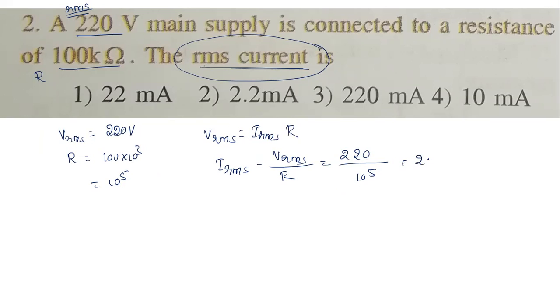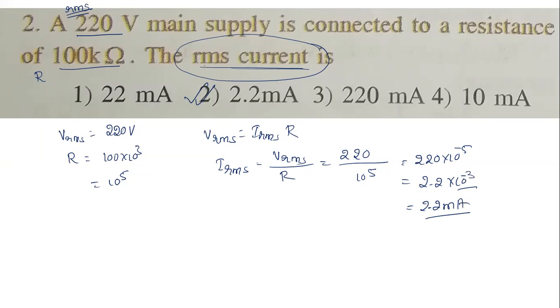It will become 220 into 10 power minus 5. Shifting the point, it will become 2.2 into 10 power minus 3, with the negative sign, right? Because this was in the denominator, it comes to the numerator. 2.2 into 10 power minus 3 means milliampere. So what is the answer? The second option is correct, 2.2 milliampere.